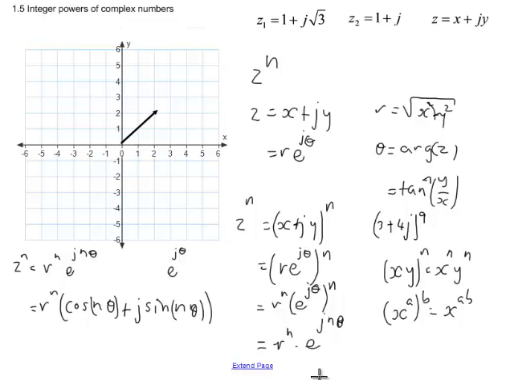So elevating a number to successive powers of n is like rotating the vector around the origin, but at the same time you are increasing the magnitude, depending whether this r is more than 1 or not. But if it's less than 1, what's going to happen? Elevating a number less than 1 to power n, the magnitude is going to decrease. So the vector is going to be rotating but smaller and smaller in magnitude. Do you understand what I'm saying?